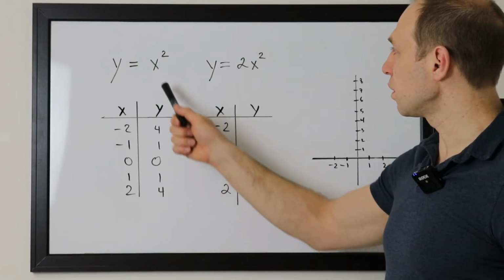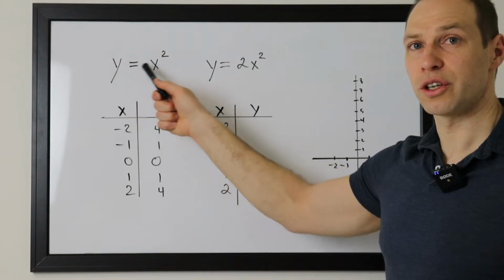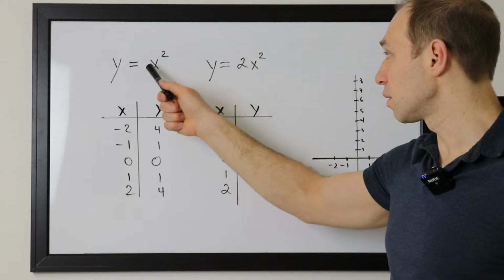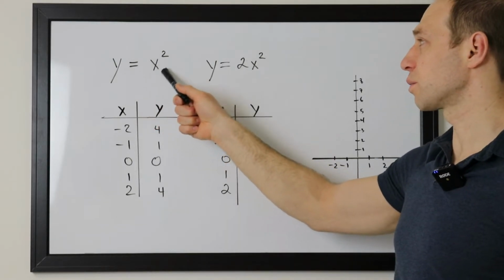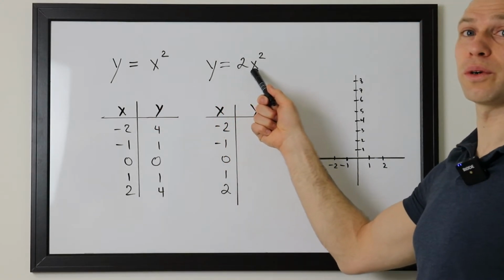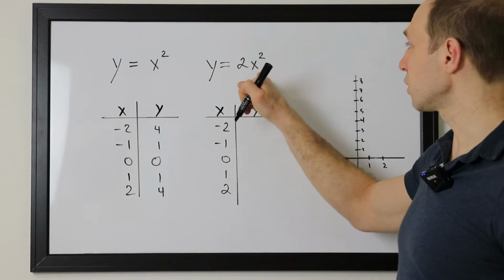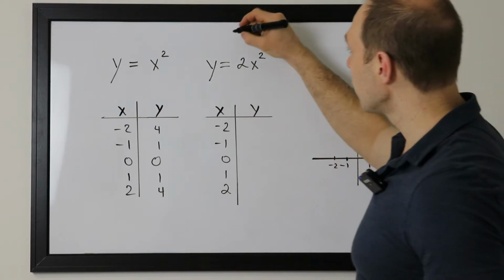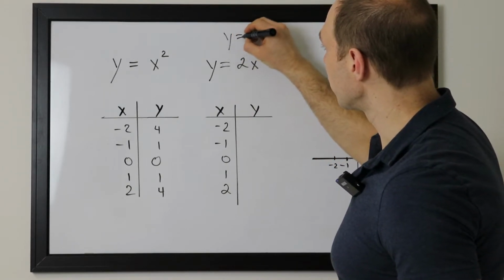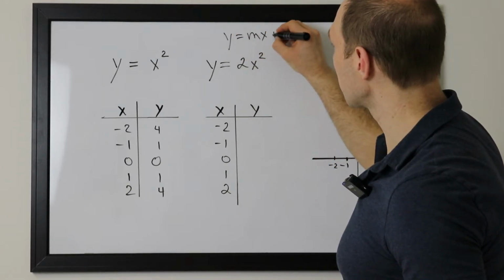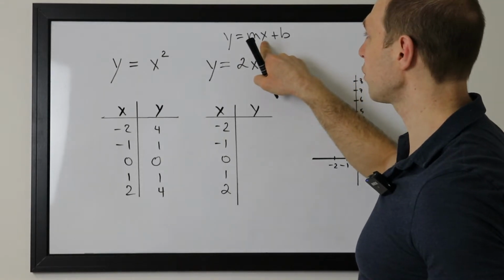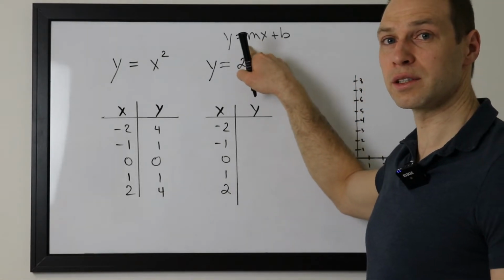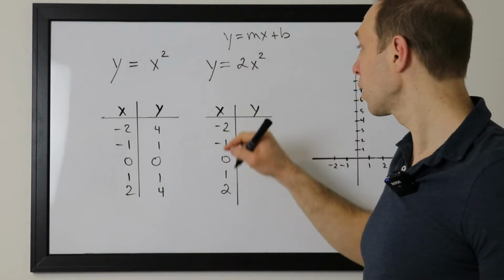What happens when we have the generic equation of a parabola, y equals x squared, versus y equals 2x squared? In this case, we have a number in front of x squared. If you recall, when we talked about the equation of a line, whenever you had a number in front of x, it represented the slope.